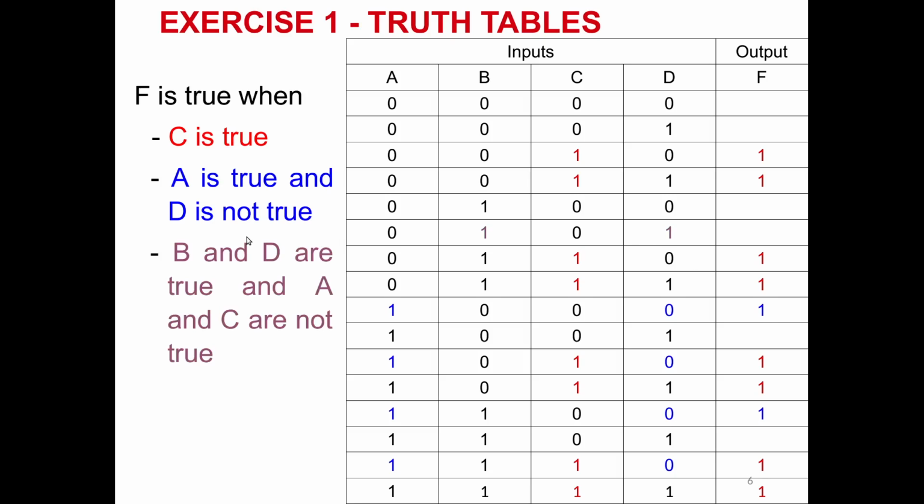The third condition is F is true when B and D are true, or B and D equal 1, and A and C are not true. So if B, D equal 1 and A, C equal 0, the output will be 1.